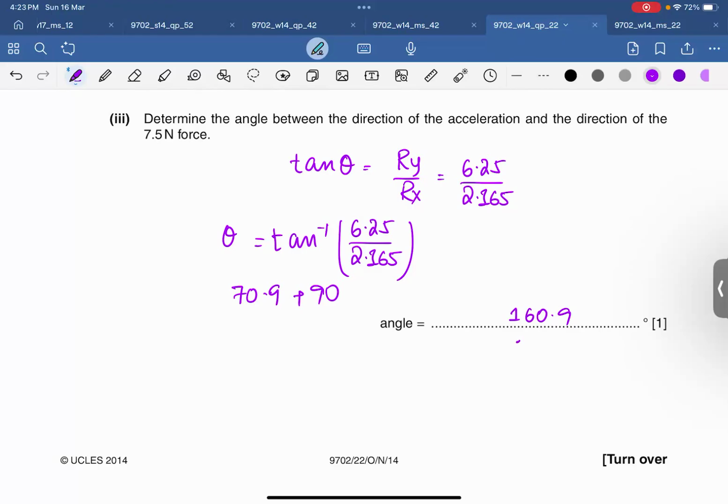So 19.1. So either of the two answers are possible. Okay. So this is from the vertical and this is from the downward force. But let's see what they're quoting.